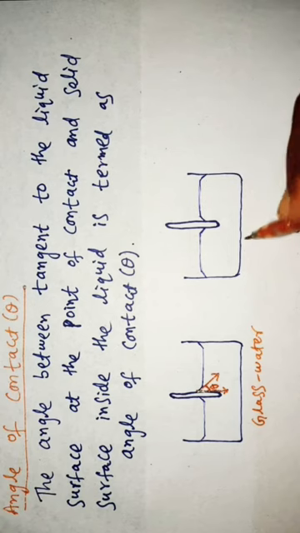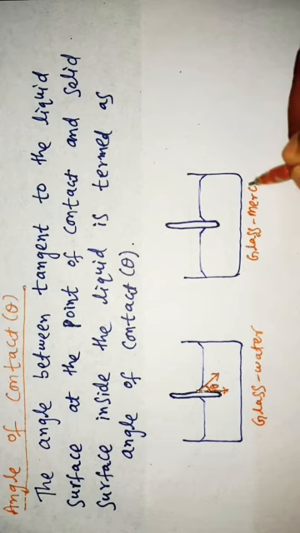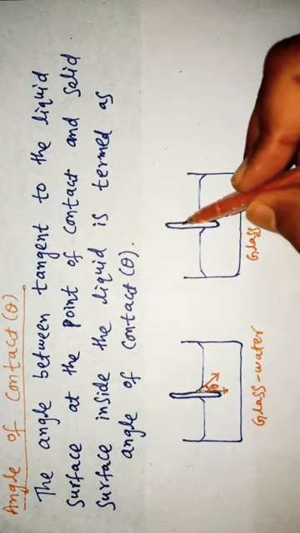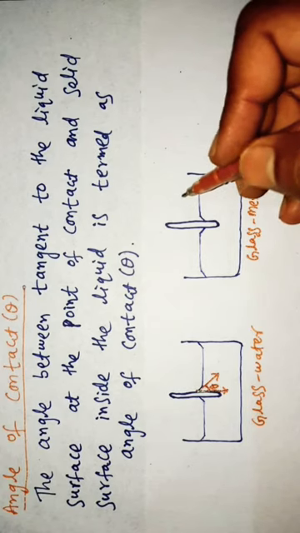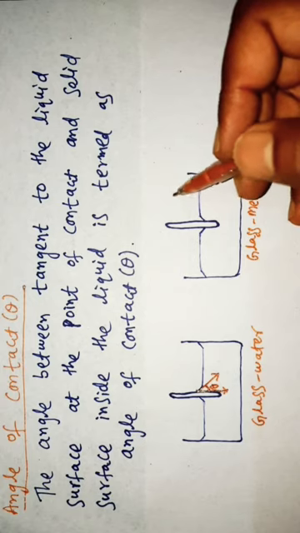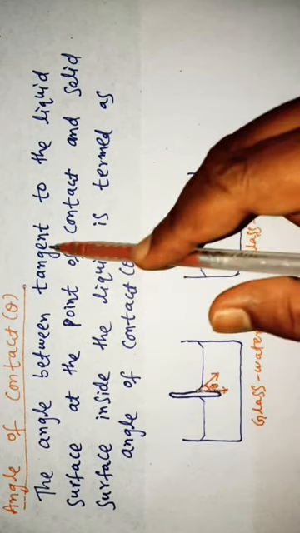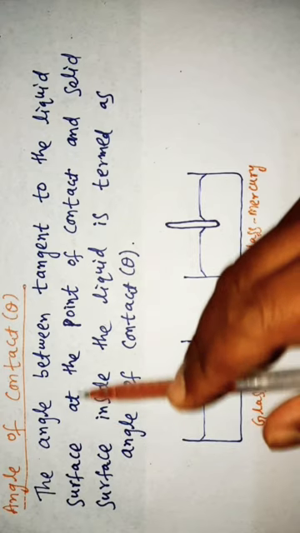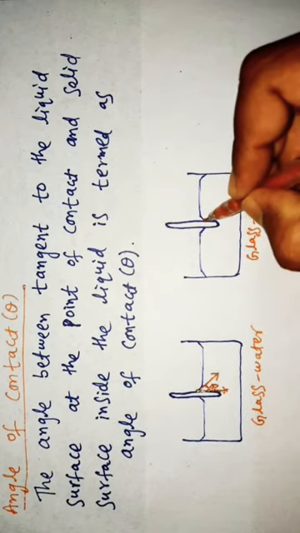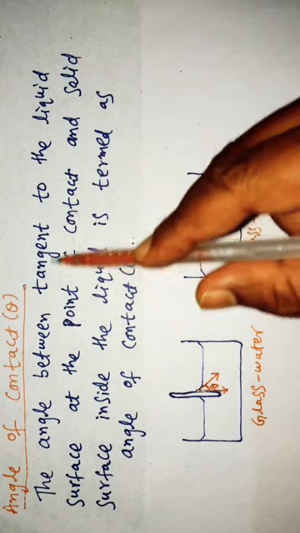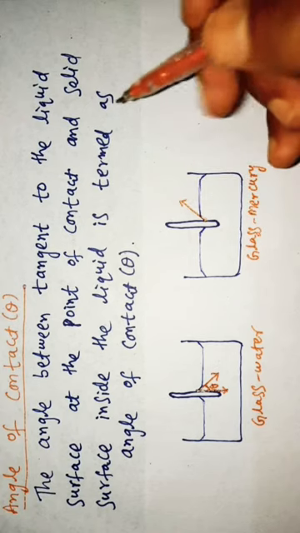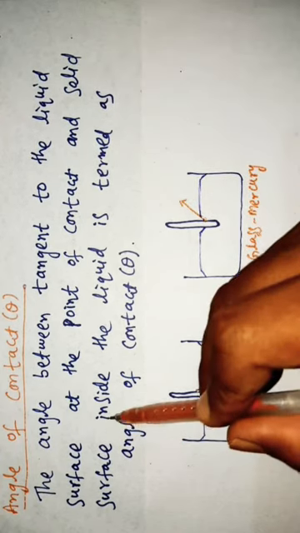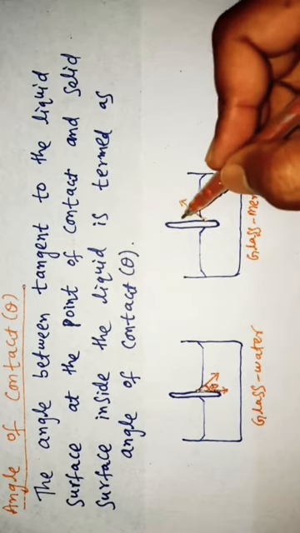In case of glass and mercury, a glass is placed in mercury. How do we define the angle of contact here? The angle between the tangent to the liquid surface at the point of contact, the point of contact is here and the tangent to the liquid surface is this one, and the solid surface inside the liquid.